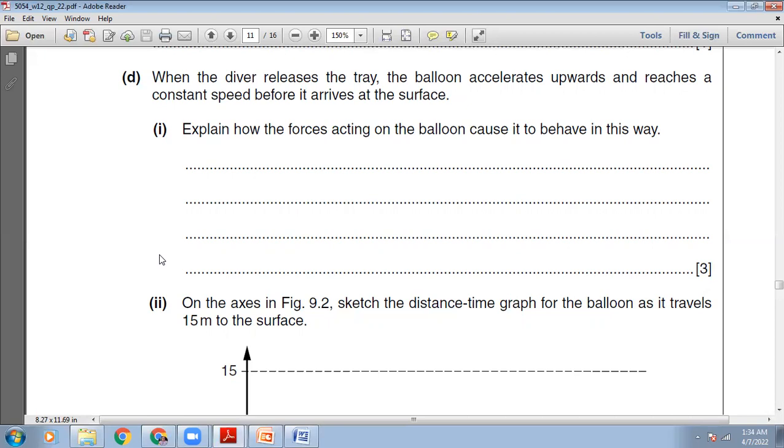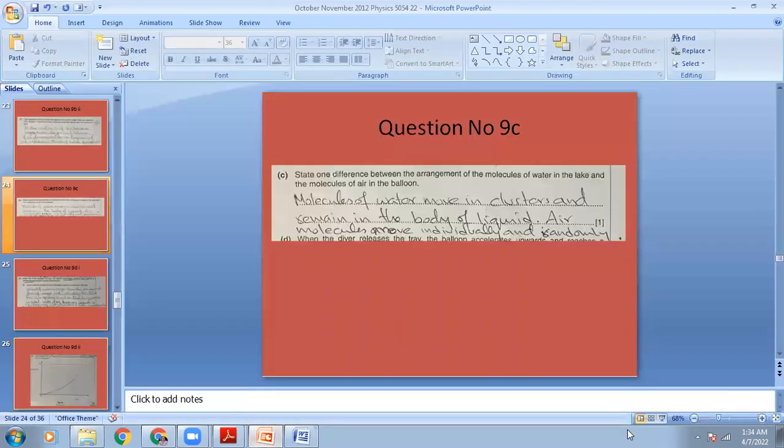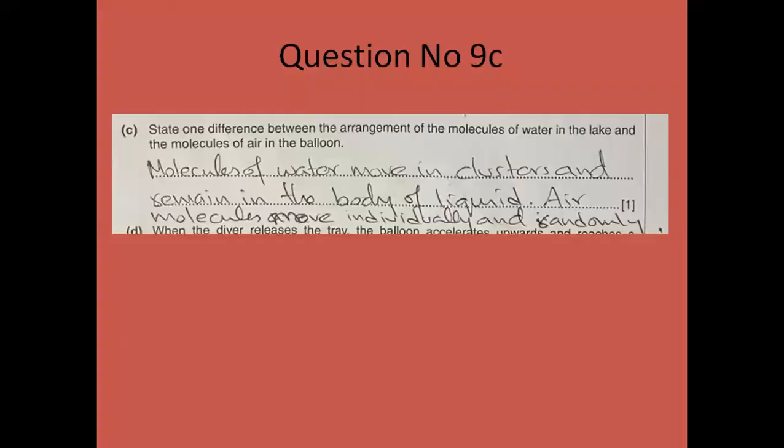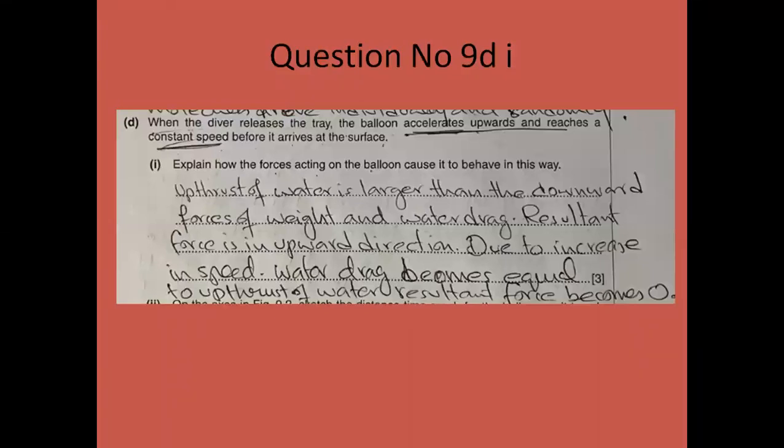And when the upward and downward forces are balanced, the resultant force will become zero, and the balloon will start moving with a constant speed. So let's have a look at my answer, and then we will clear it more from the marking scheme. Upthrust of the water is larger than the downward forces of weight and the water drag. Resultant force is in the upward direction due to increase in the speed, because the resultant force will be in the upward direction.